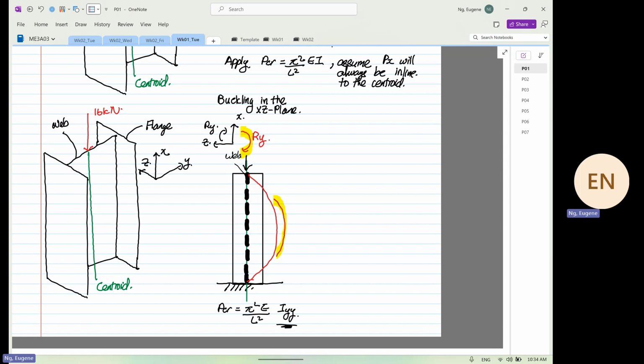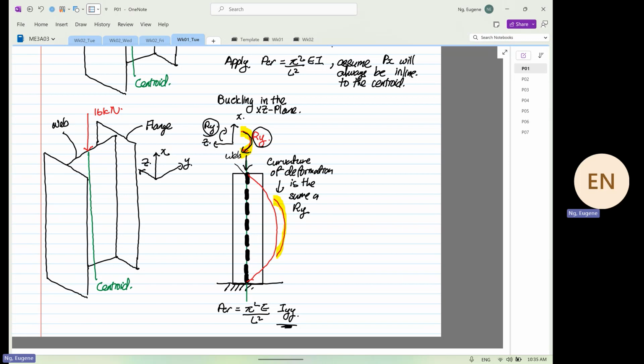Because if you look at the curvature of deformation, it's the same as RY, referring to here. This is the RY rotation, and the curvature is the same. Are we clear?